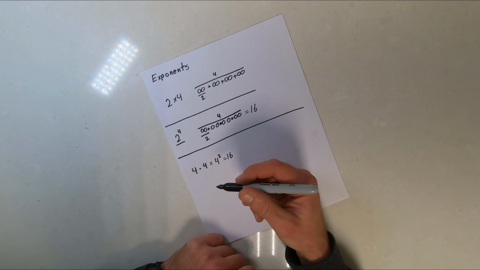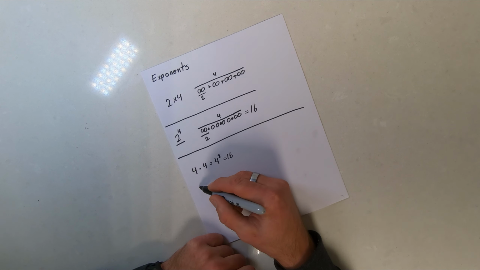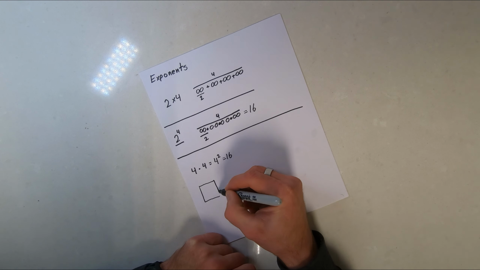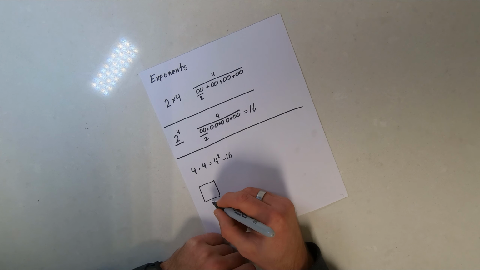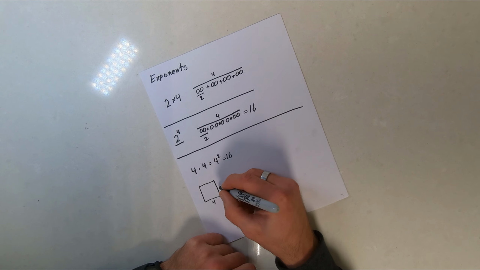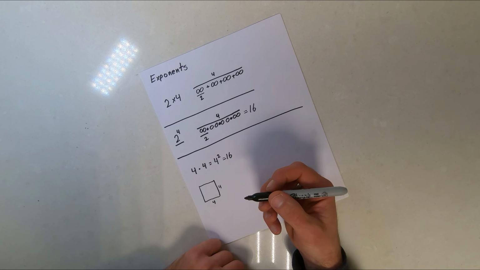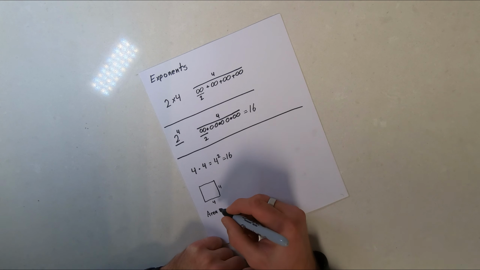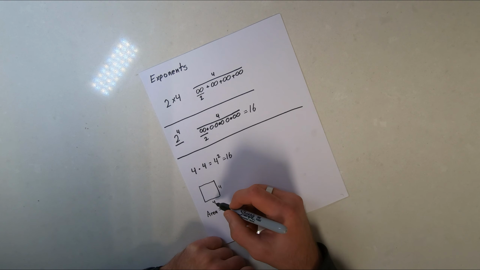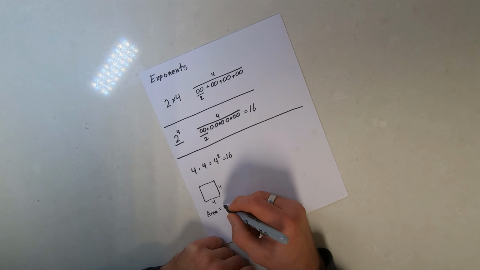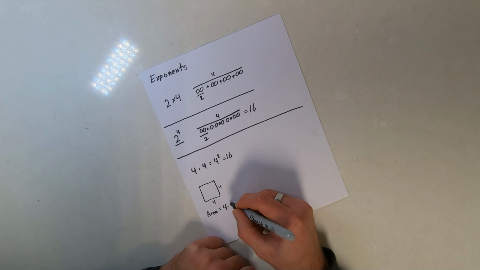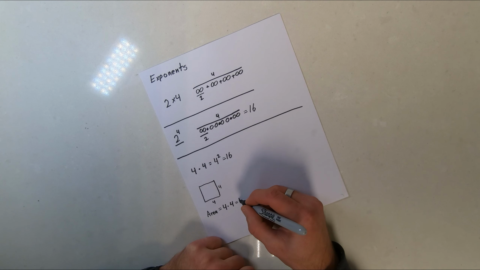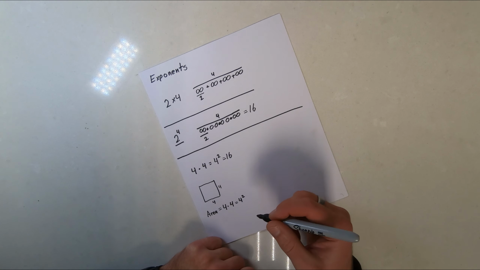And the reason it's called a square is because it is how you find the area of an actual square. Say we have a square, and each side of this square is 4 units long. The way you would find the area of the square is to multiply the base times the height, which gives us 4 times 4, which is the same thing as 4 to the 2nd power.